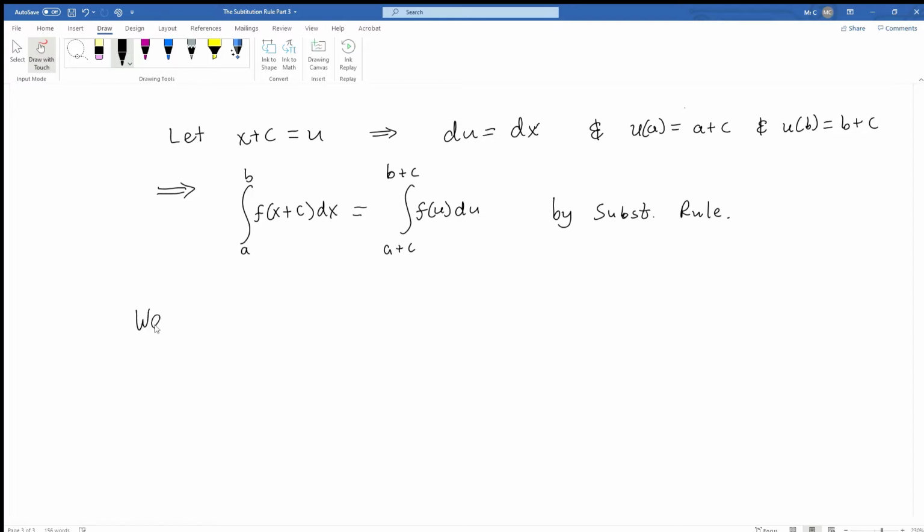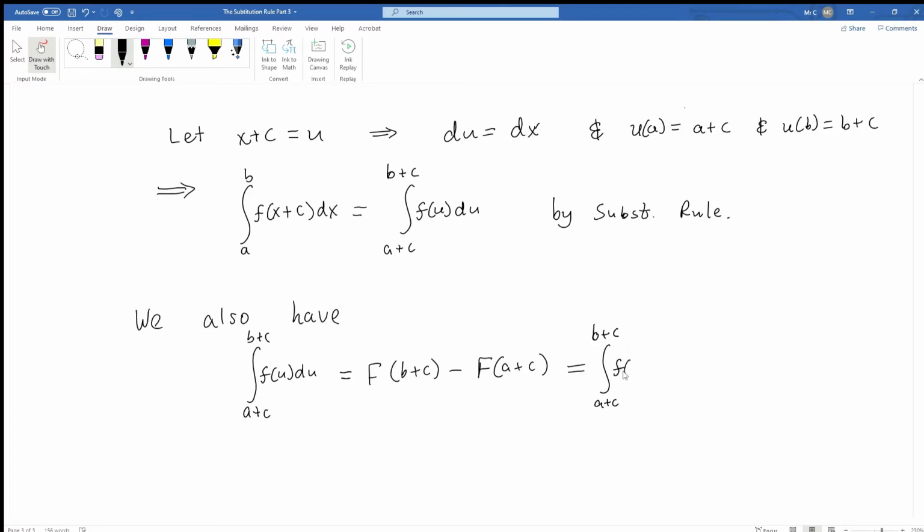We also have that the integral from a plus c to b plus c of little f of u du is equal to cap F of b plus c minus cap F of a plus c, which would also be equal to the integral from a plus c to b plus c of little f of x dx by the fundamental theorem of calculus.